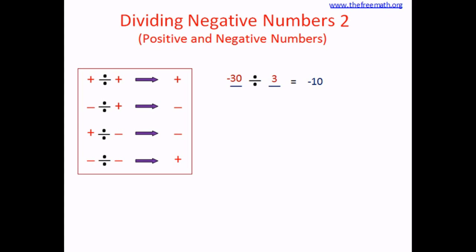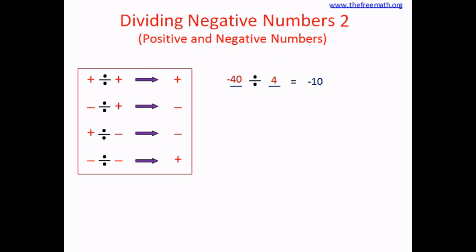Or you can say 30 divided by negative 3. You will get the same result. Whether you say negative 30 divided by 3 or 30 divided by negative 3, you are going to get the same answer, which is negative 10. So this was one pair, 30 and 3. Can you think of something else? How about 40 and 4?